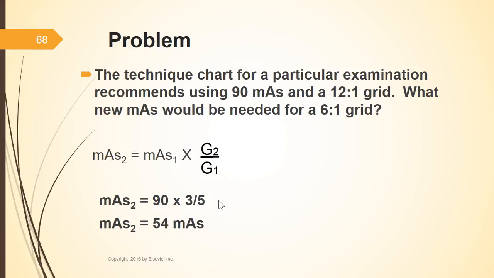Bottom line, decrease your grid ratio, you decrease your mass. Now, there are no set numbers for that except for the conversion factor, so you will have to do this type of formula, but it's not hard, I promise.